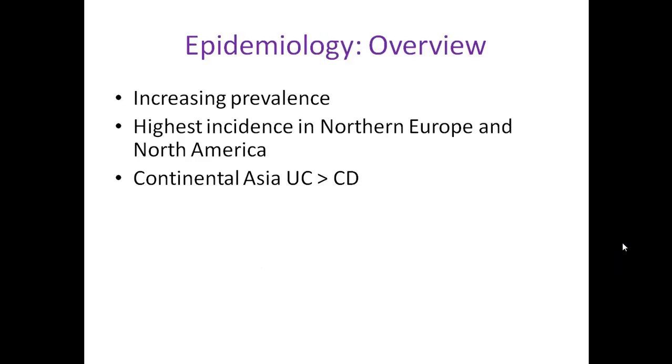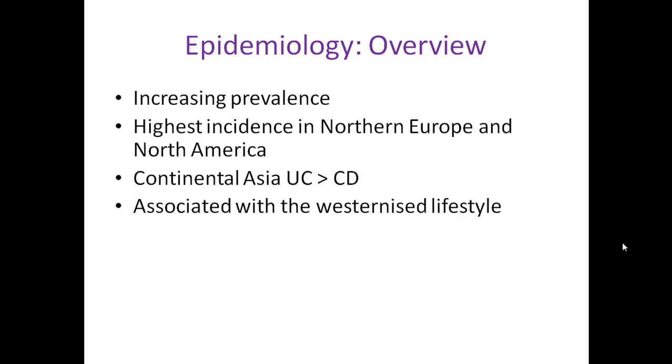The incidence of UC and Crohn's disease is increasing, with greatest prevalence seen in populations of Northern Europe and North America, and lowest prevalence seen in continental Asia, where UC is the most common form of IBD. It's associated with a westernized lifestyle, including diets high in saturated fats, stress, and medication use.